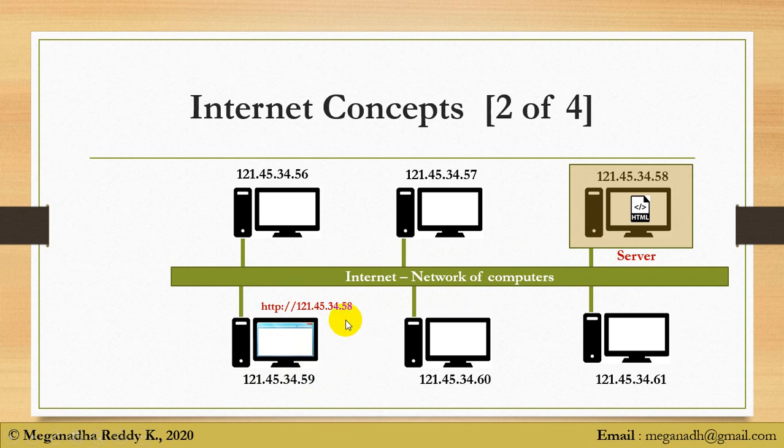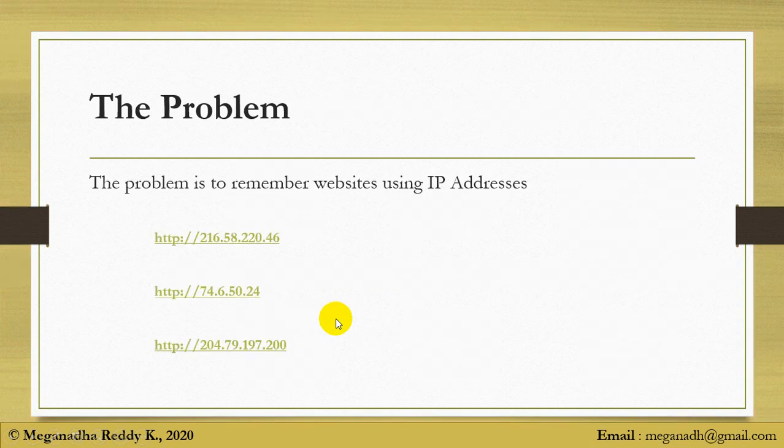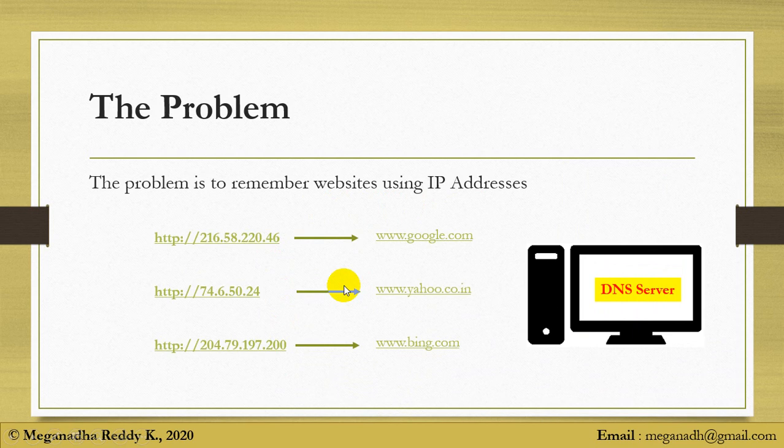Now this was a big problem, to remember websites using IP addresses. It's really difficult to remember all this. To overcome this, we have added something called DNS server. For every website we have created a domain name which can be easily remembered, so you don't have to learn these numbers by heart.